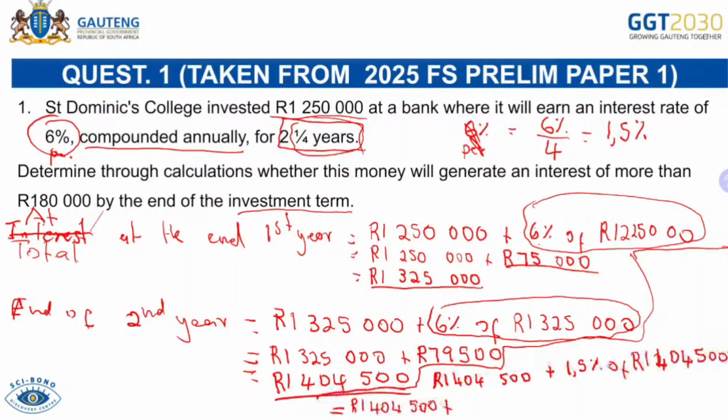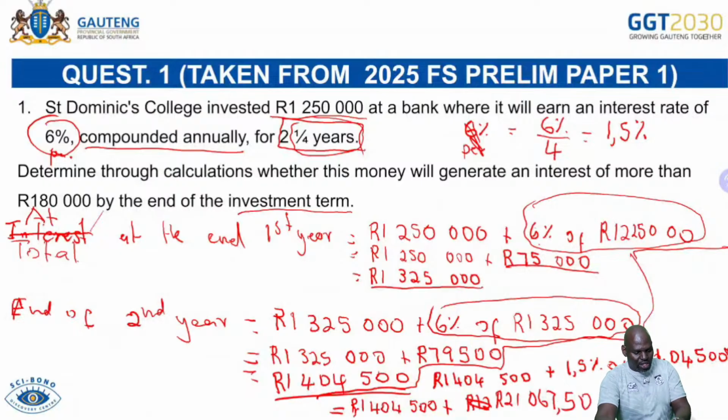Okay, so you can see I've indicated an extra 0 there. So this will give me 21,067.5. Okay, so I've got 1,404,500 plus 21,067.50. So now I can just get the total. I'm going to indicate the total here.